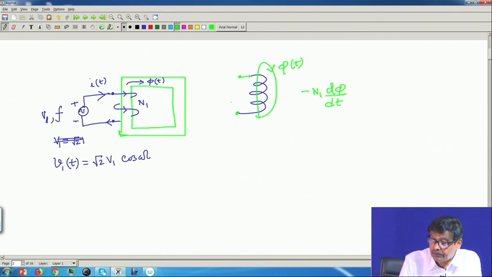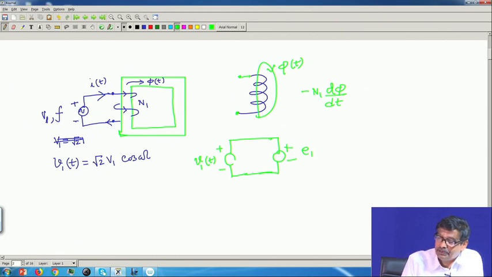For example, this coil can be modeled as: here is your AC supply, v1(t), I have applied. Then across this coil, if I neglect the resistance of the coil, there appears another source here, and that induced voltage is E1.